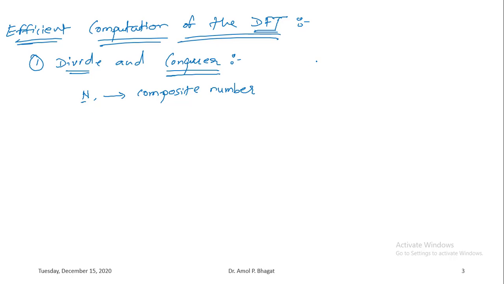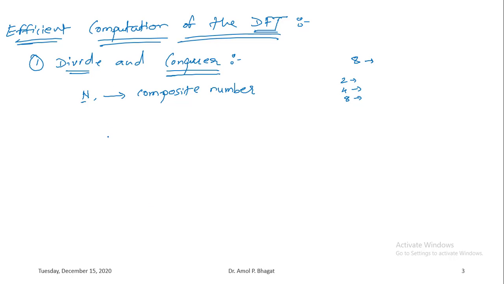For example, if we want to compute 8-point DFT, then it will be reduced to 2 points initially, then 4 point, and then finally the 8-point DFT will be computed. So a DFT of size N is reduced to smaller DFTs, from which the larger DFT is computed.